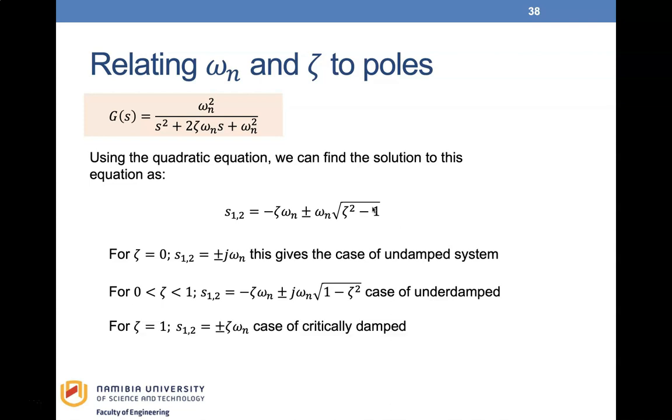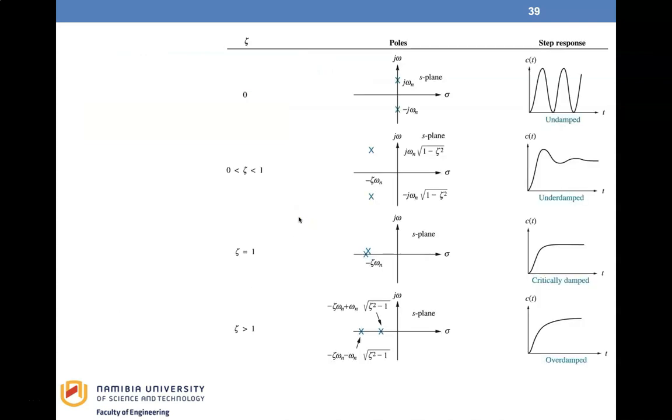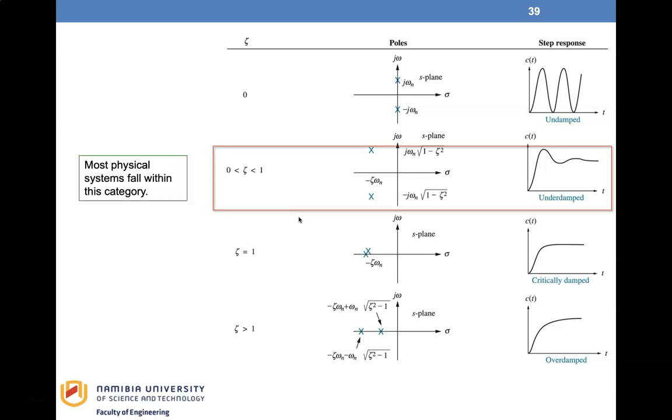For zeta equals 1, we have the case of critically damped. And for zeta greater than 1, we have the case of overdamped. Let us now see how these are plotted on the S-plane. Observe the position of the poles and their impact on the system's response. Most physical systems fall within the underdamped category, and we'll look at this system in detail in our next lecture.